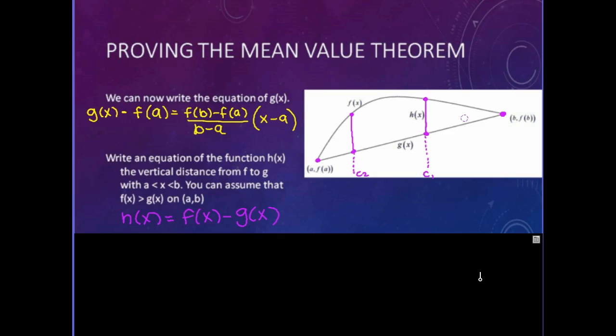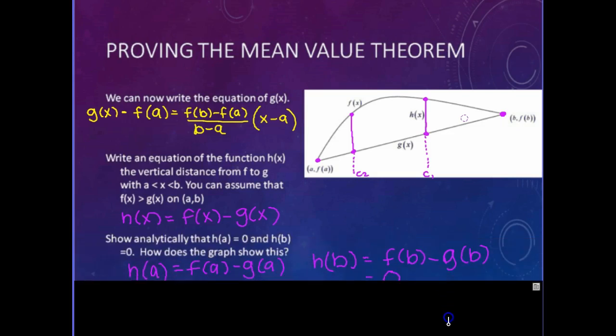If f of x minus g of x represents h of x, what would h of a be? f of a minus g of a. And f of a equals g of a. So it's really like f of a minus f of a, which is 0.